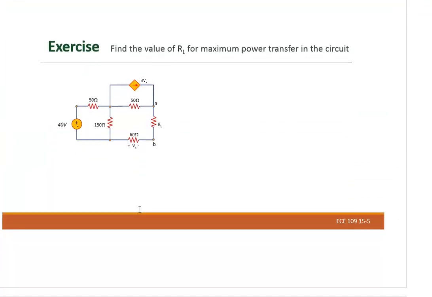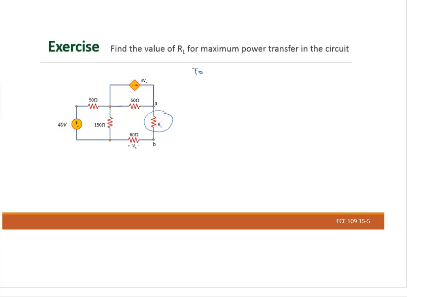We have an exercise question here. First exercise question is this one here, and when we look at this one here, this is our RL. So we're gonna see how we can have maximum power transfer to RL. First of all, let's try to find VTH.